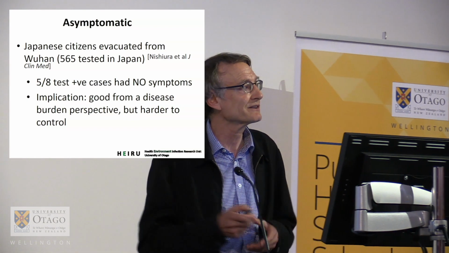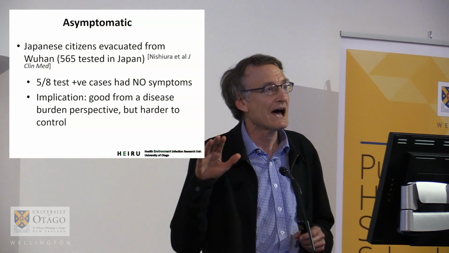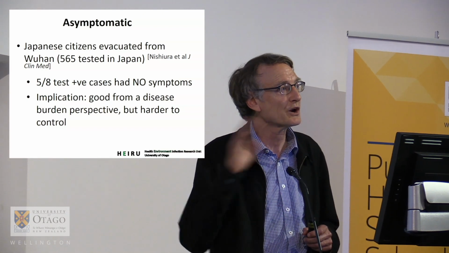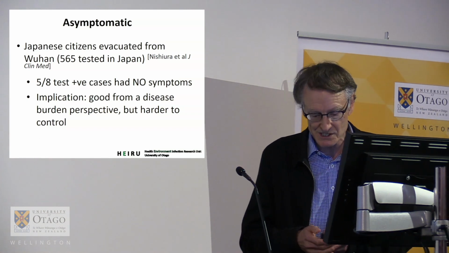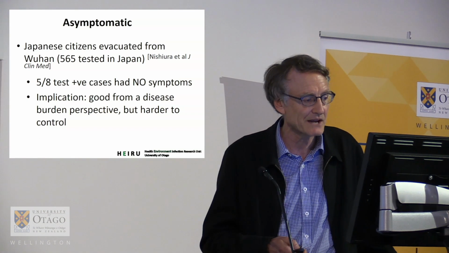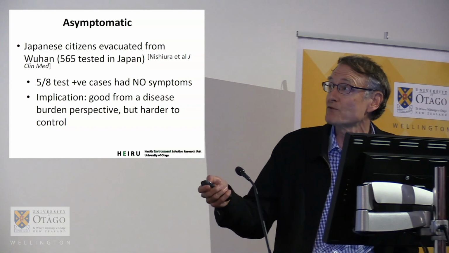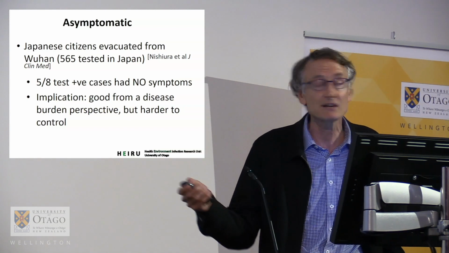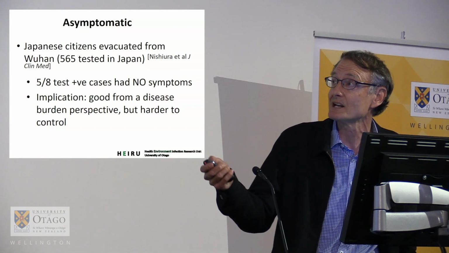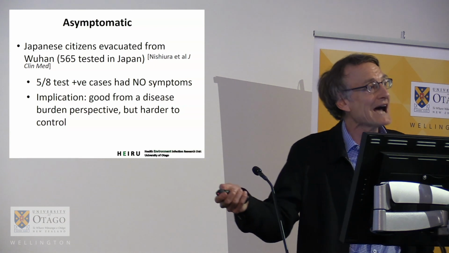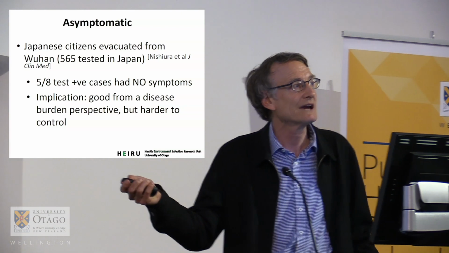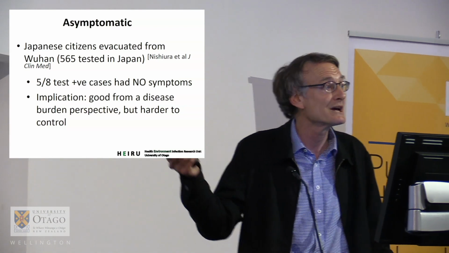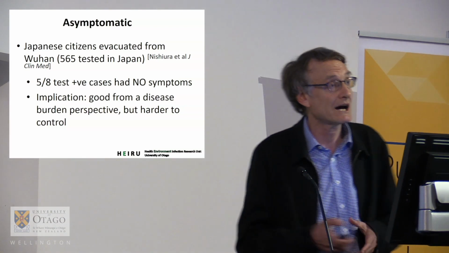So that is suggesting that there is a lot of asymptomatic infection, a lot of mild infection that isn't being picked up, and that's going to influence how we really understand the epidemiology. This is good from a disease burden perspective, all these people not actually getting sick, but it's obviously going to be harder to identify them and harder to control the disease if there's a lot of asymptomatic people, some of whom may be infectious.